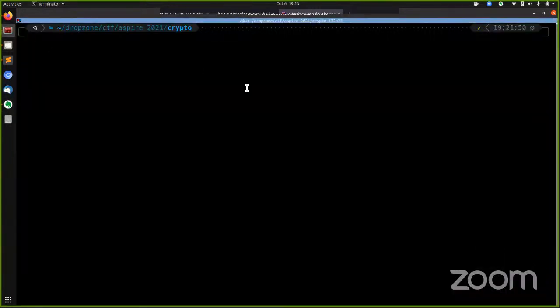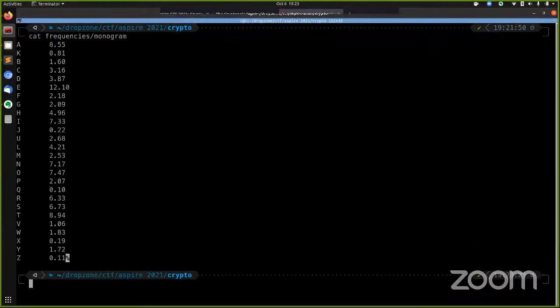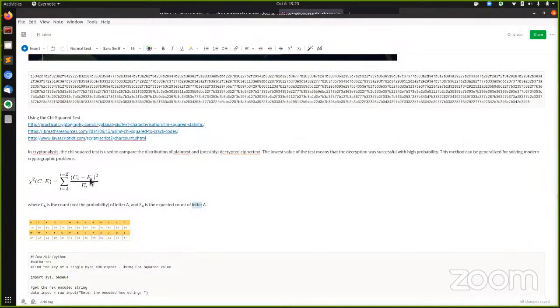In our case, the expected number of A's is 8.55, so that's what we would use as our E here. Then we divide by that same 8.55, and the part up here is squared, and so on and so forth.